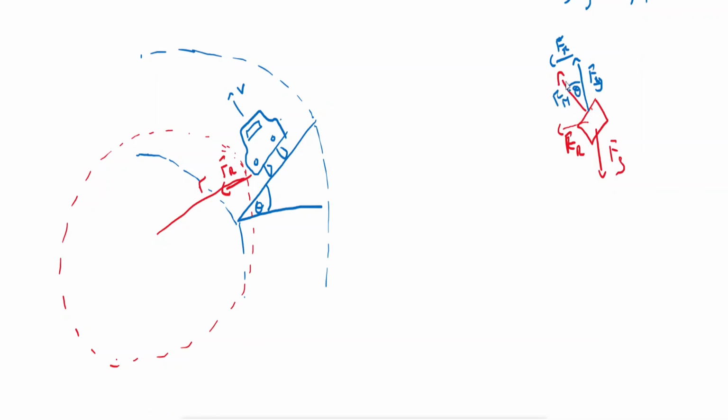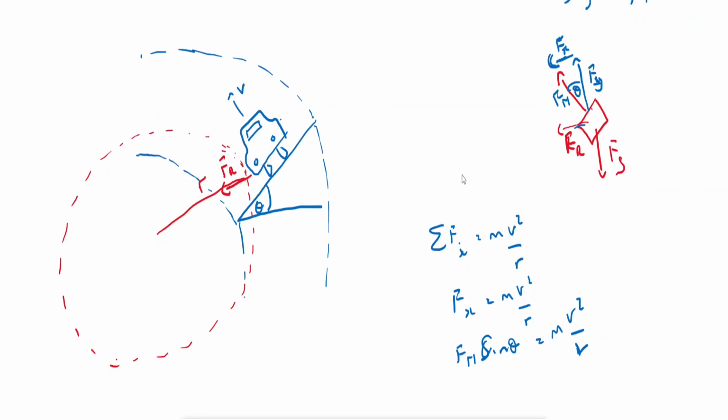So the normal force actually provides this Fx, which is in the direction of Fr, such that if I sum all the forces in the x, they are going to be mv squared over R. Meaning that this Fx is Fn sine of theta, which is mv squared over R. This is me assuming there is no friction here. I don't need friction, because this Fx serves the same purpose as the friction would in this case.